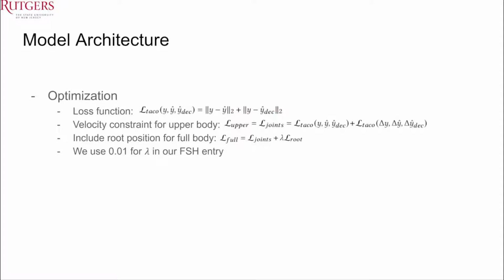For the full body gestures, the motion representation includes root positions. The range of the root position is greater than the range of the other joint representations, so we add a coefficient lambda to its loss component. We use 0.01 for lambda for our FSH entry.